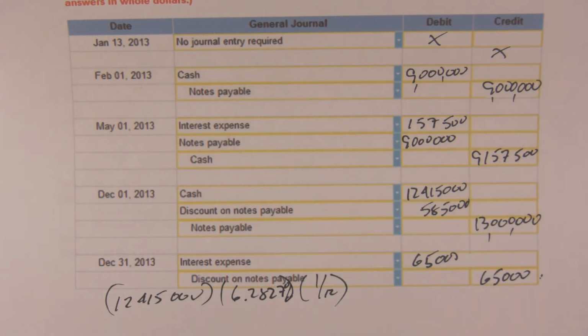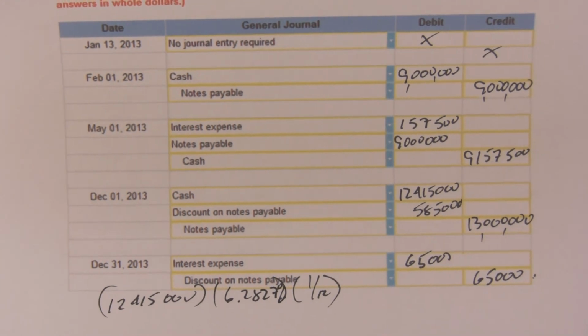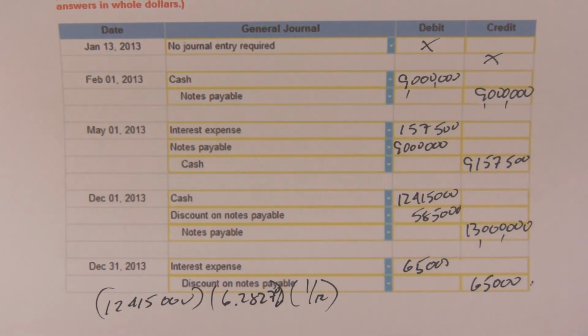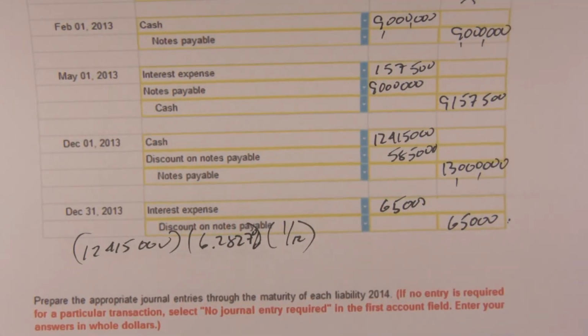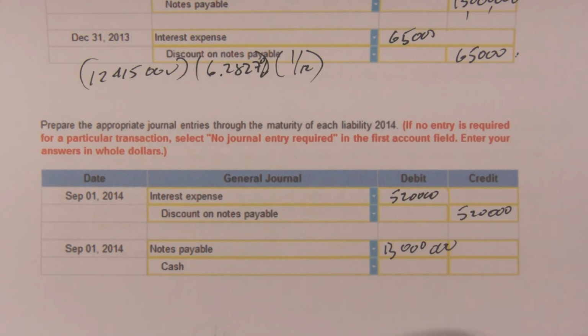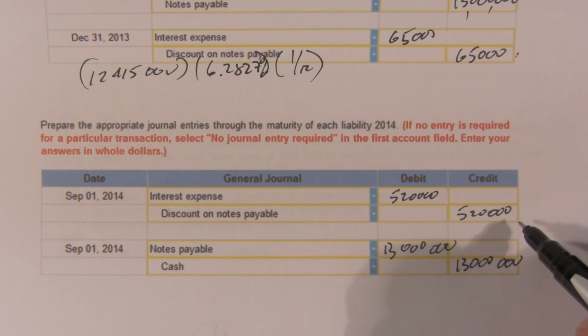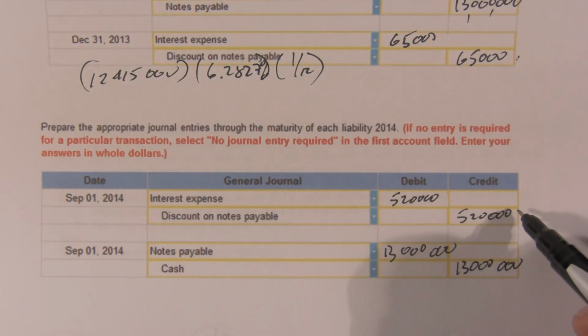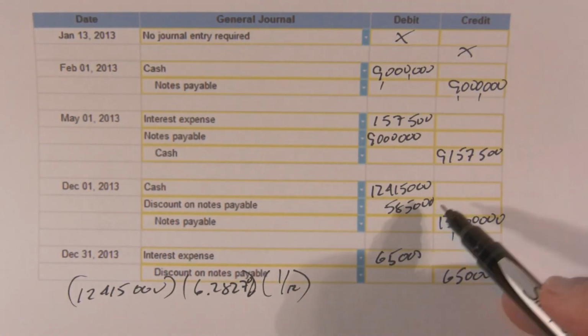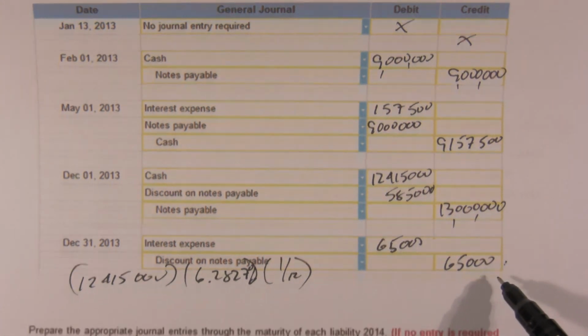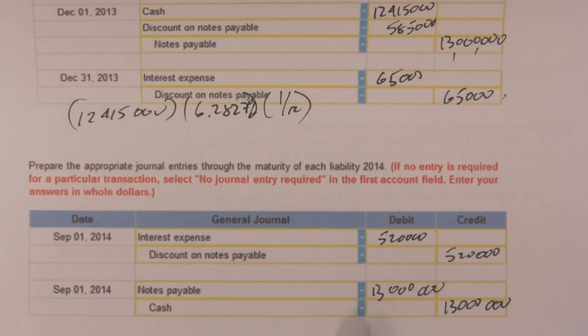That's the interest expense, and that's a credit to the discount account. And then when we pay the note payable, we will be paying back the 13 mil. Remember, we only picked up 520 this year because the total discount is 585. We picked up 65 of it last year, so we only have 520 left.